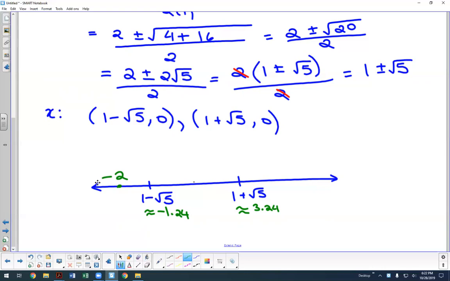Between -1 and 3, I normally like to go for 0 because 0 makes calculations a little bit easier. Larger than 3.24? 4. Okay.